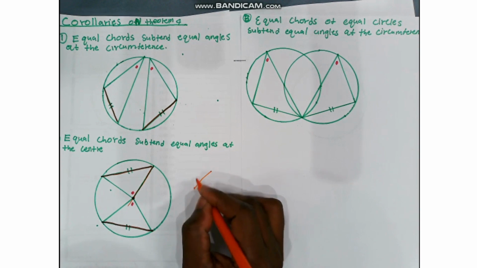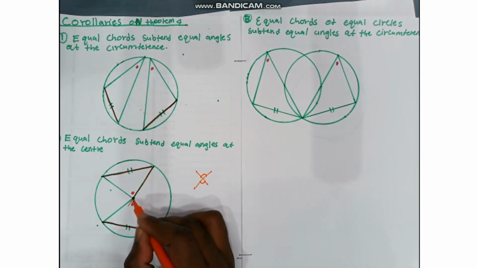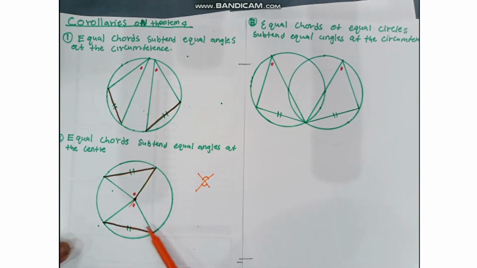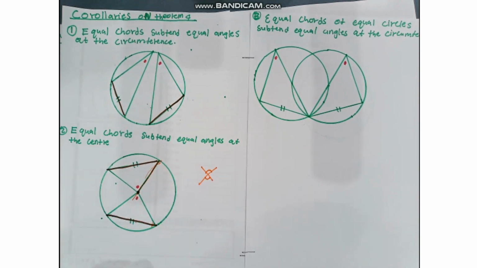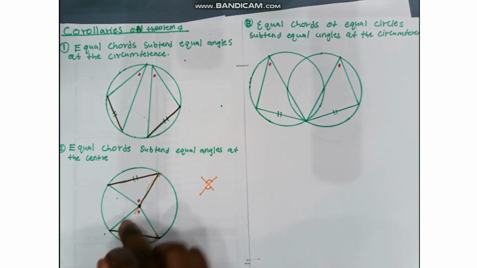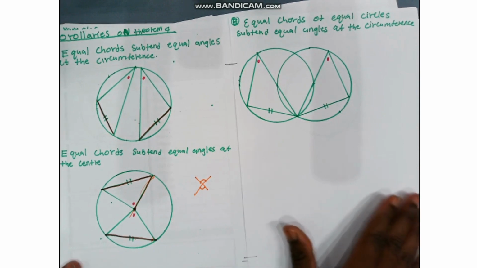Vertical angles are supposed to be like this. This one is not vertical angles. You go like this, and also like this, and they are equal because equal chords subtend equal angles at the center. At the center.